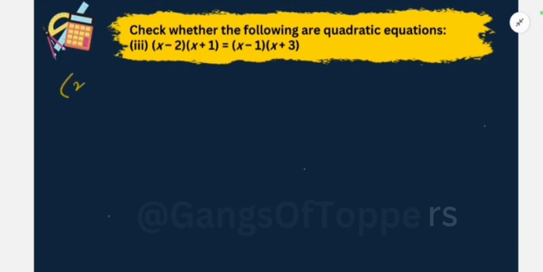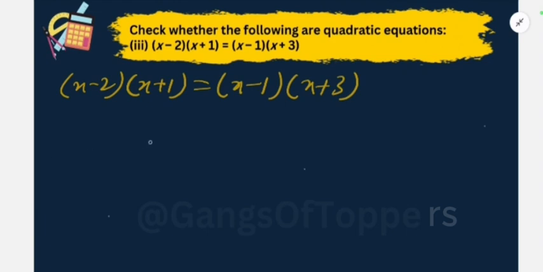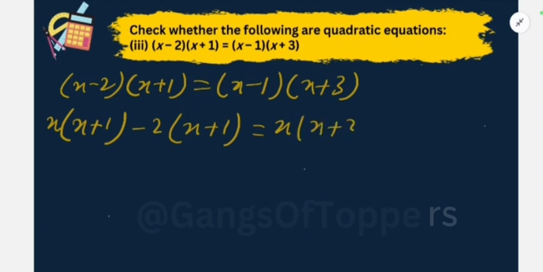The question is (x minus 2) into (x plus 1) equals to (x minus 1) into (x plus 3). Now simplify this. This x will multiply with x plus 1 and this minus 2 will multiply with x plus 1. Similarly, x will multiply with x plus 3 and minus 1 will multiply with x plus 3.